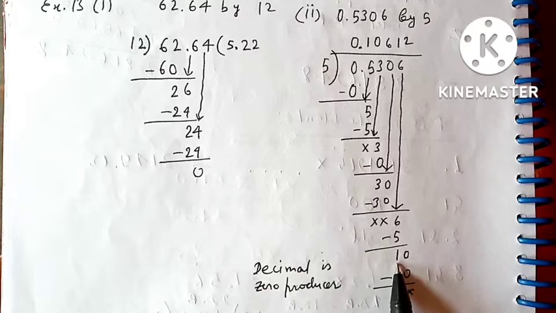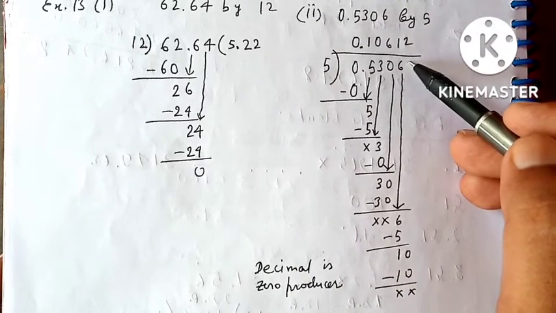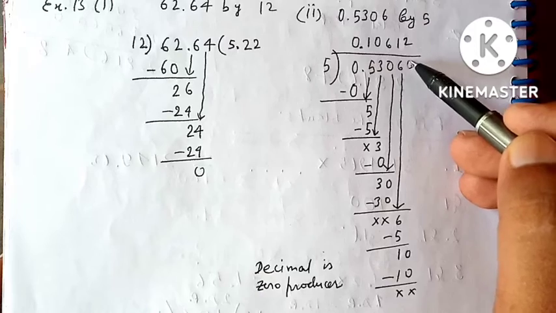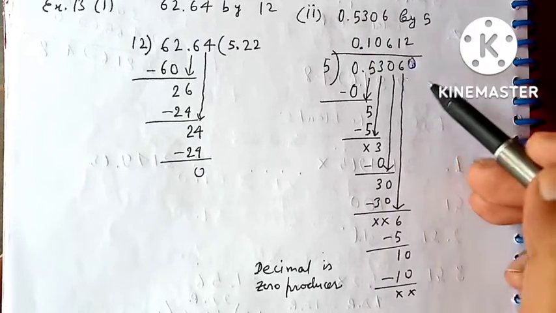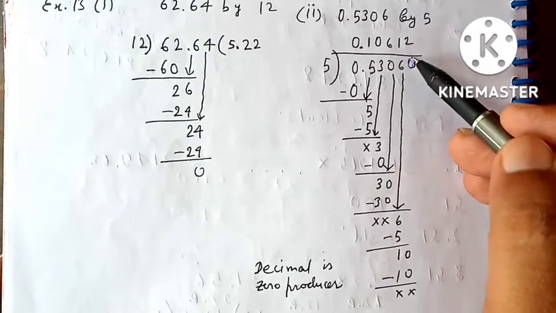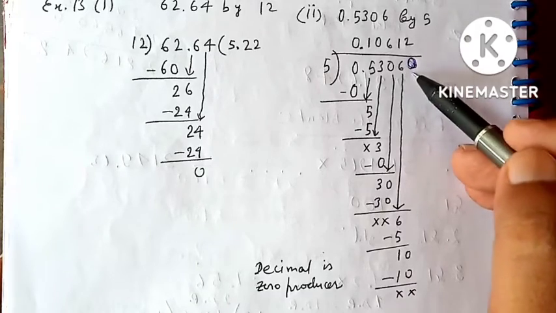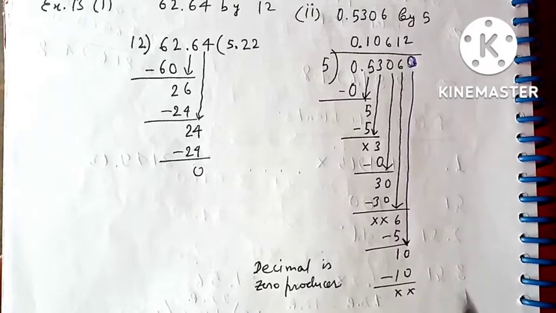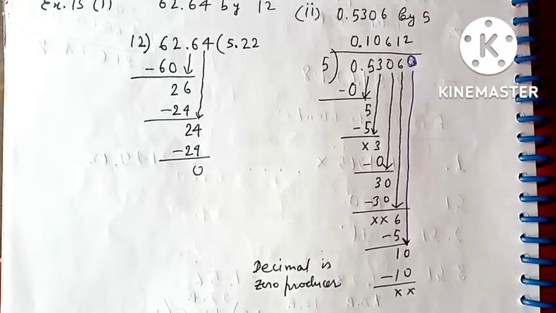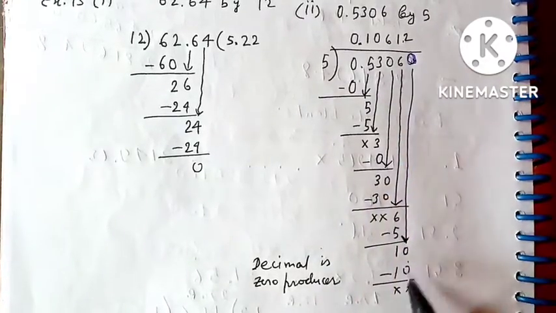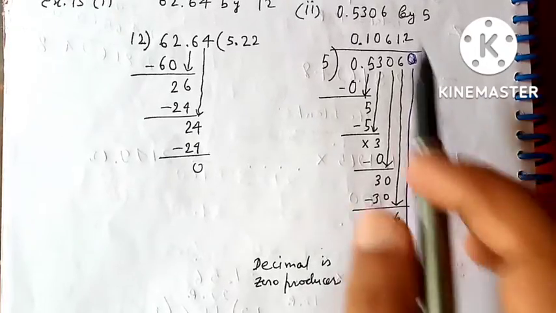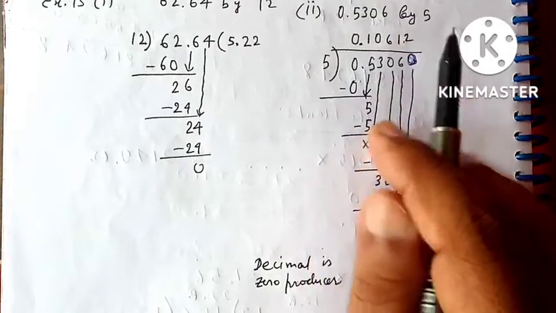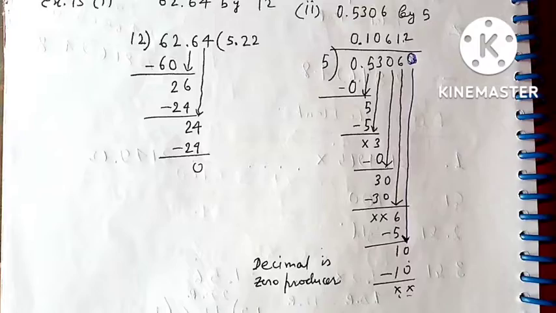So 6 minus 5 is 1. You can put 0 after the decimal, after a non-zero number, and that 0 goes here. 5 2s are 10. Now subtract, and you have the quotient 0.10612.